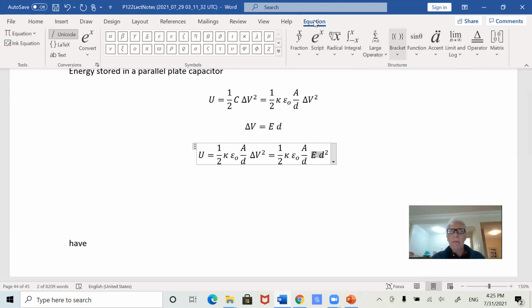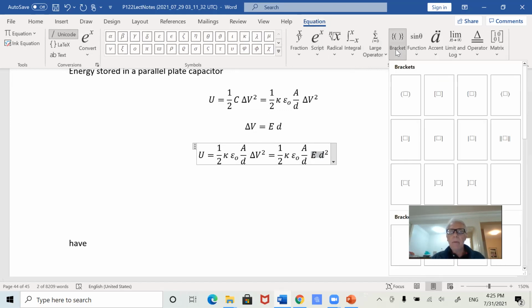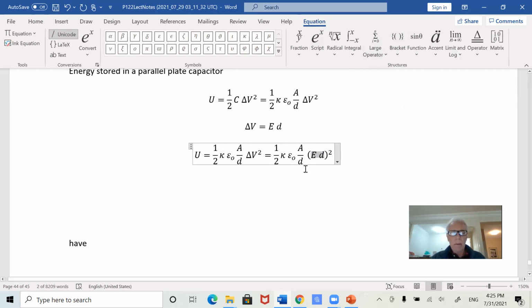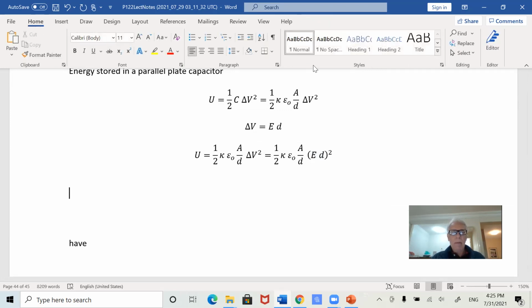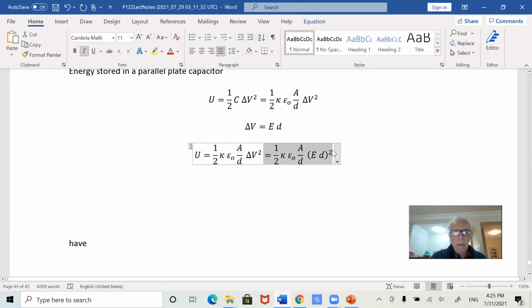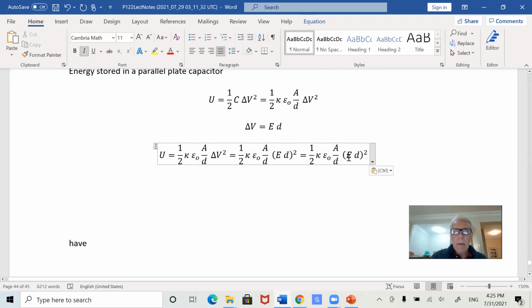Those values are between parentheses. Good. Next step. This E goes squared.